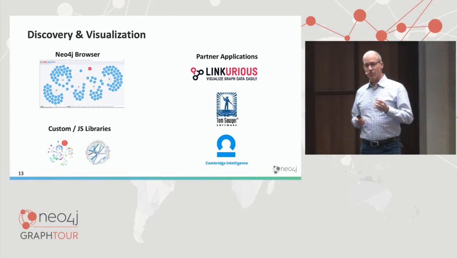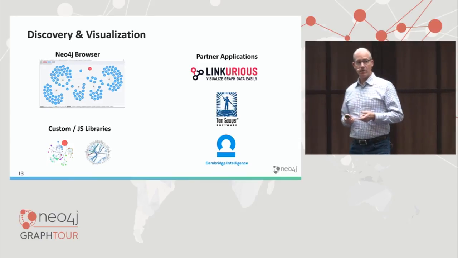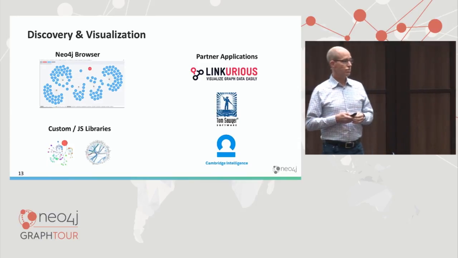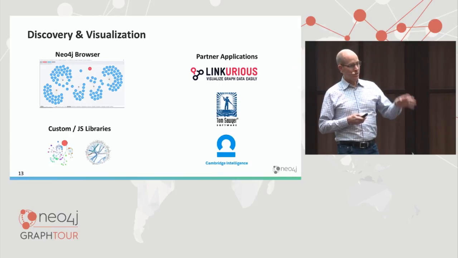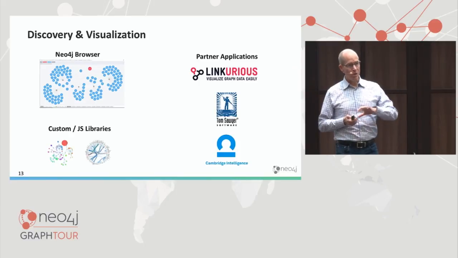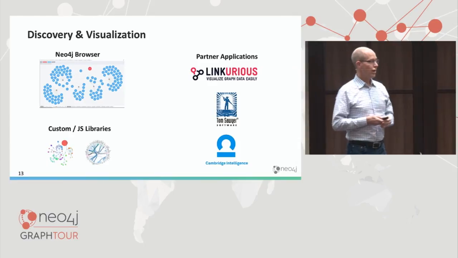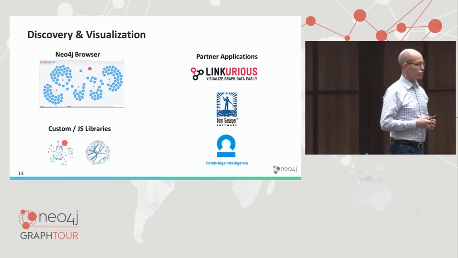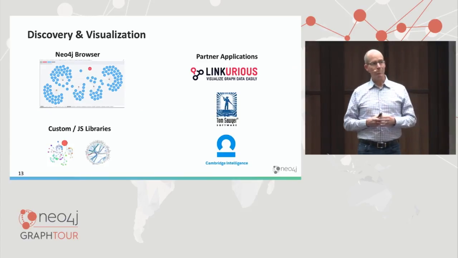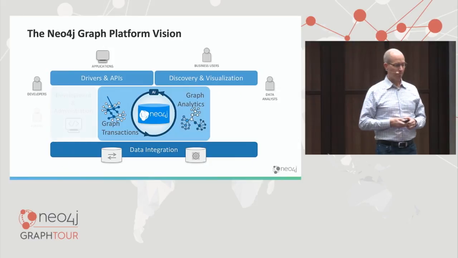Whether it's fraud detection or threat hunting, these guys have amazing tools that solve these problems and more very, very well. So in the discovery and visualization space, we have a really rich story. And we expect that this story is going to expand into the analytics space and integration with existing tooling for BI. There's a lot of opportunities here in discovery and visualization.